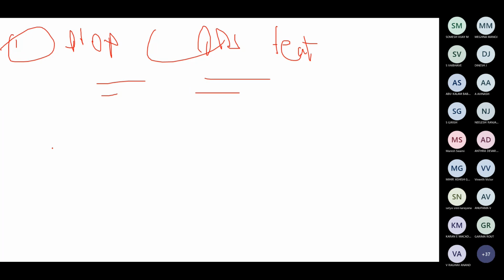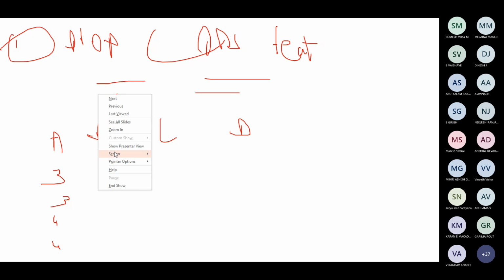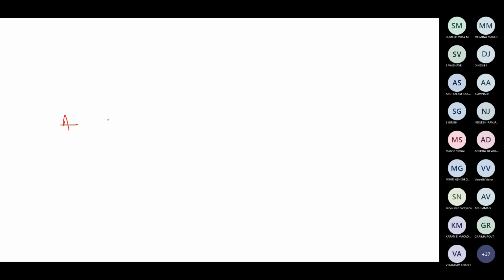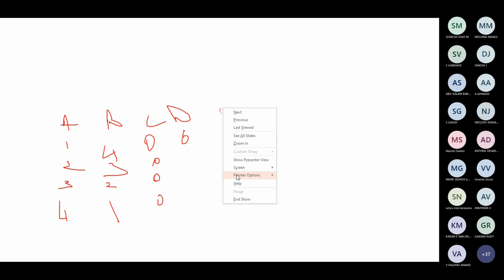Say, for example, students, you have a data set with columns A, B, C, D. A has values like 1, 2, 3, 4, B has values like 4, 3, 2, 1, C has all 0s, and D has all 1s.